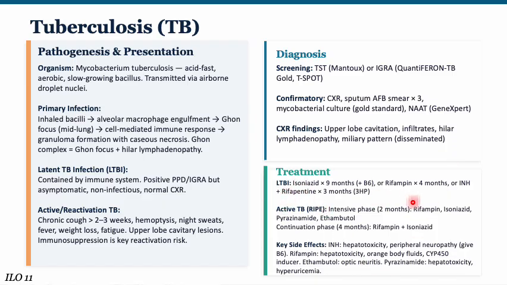So treatment. There are different treatments. For latent TB infection, you can have isoniazid for 9 months. You have to make sure you take vitamin B12 with it. Or you can do rifampin for 4 months. Or you can do INH and rifampicin for 3 months.